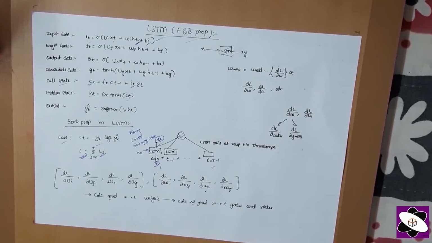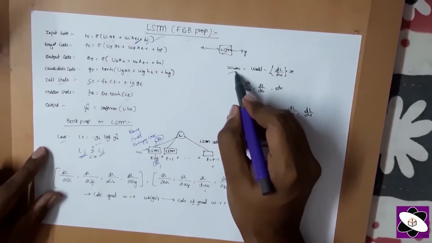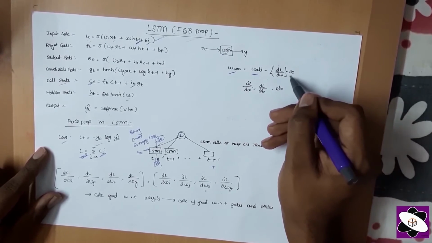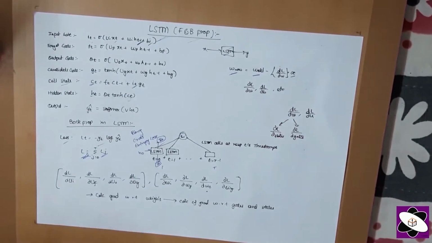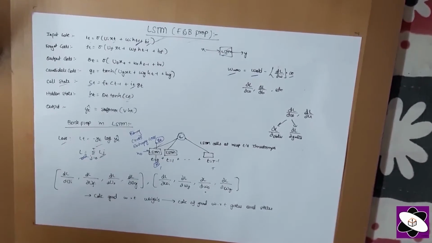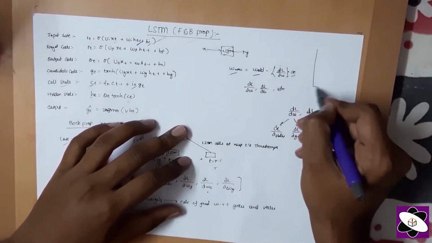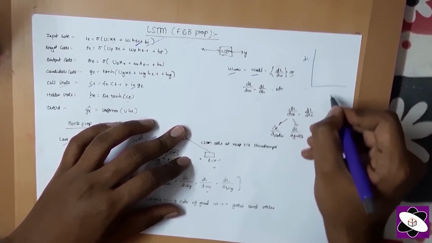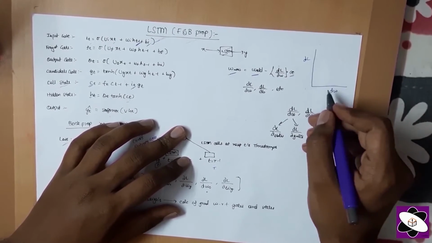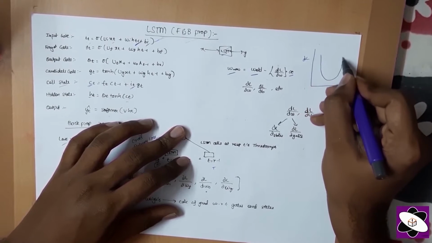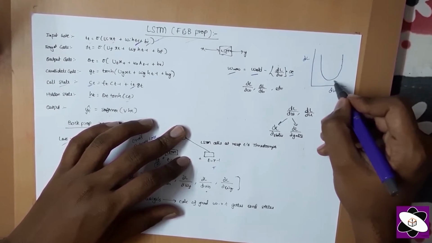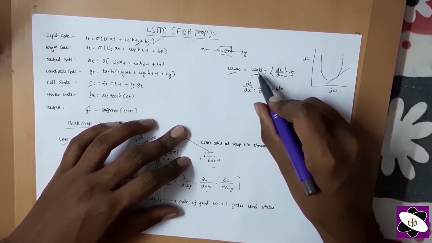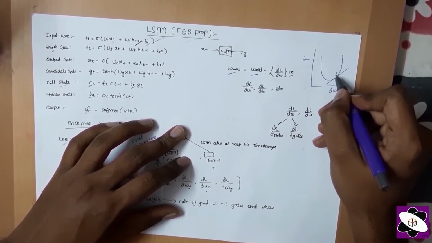For learning purposes, what we do in gradient descent is: new weight is equal to old weight minus dL by dW times the learning rate alpha. If you draw a graph with dL over here and dW over here, and we have a learning curve something like this, and you have a positive slope, then we need to subtract from the old value to move toward the minimum.